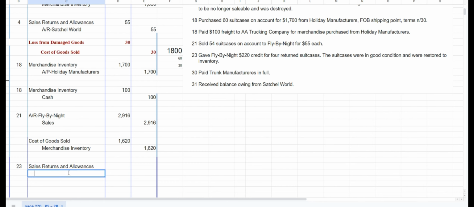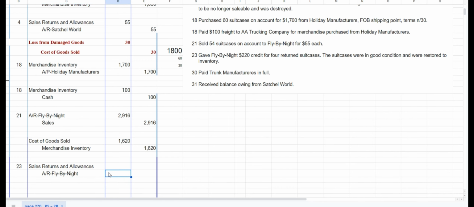Credit account is going to be accounts receivable, because you're lowering the amount of money that they owe you. And how much money is getting lowered? Well, it says in the question, July 23, gave Fly By Night $220. So that's the amount of money that they're now not going to owe you anymore.